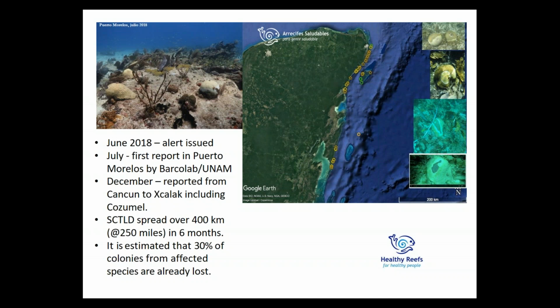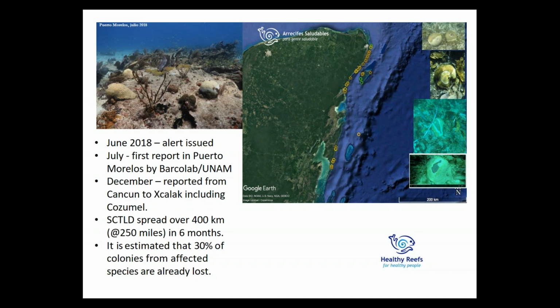One of the organizations that is heavily involved in the region, specifically in the Mesoamerican Barrier Reef area, is the Healthy Reefs Initiative. They've documented the rapid spread of this disease along the Mexican Caribbean coast. It was first reported in Puerto Morelos, which is just south of Cancun, last July.